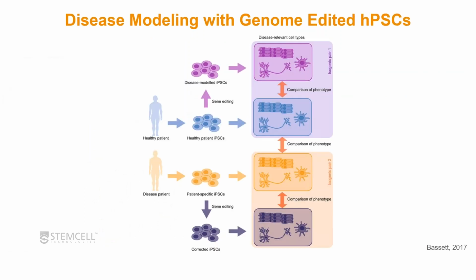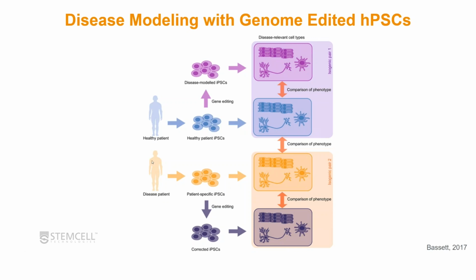So I'm just going to finish off by highlighting an exciting application for use of edited human pluripotent stem cells, and that's in disease modeling. So you can take induced pluripotent stem cells from healthy patients, and you can edit those cells to harbor disease-associated changes. And then you can differentiate those cells into disease-relevant cell types and compare the phenotype between these isogenic lines.